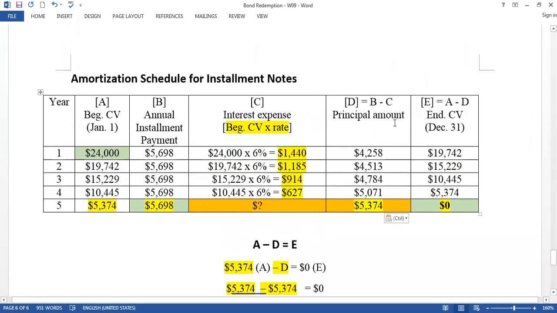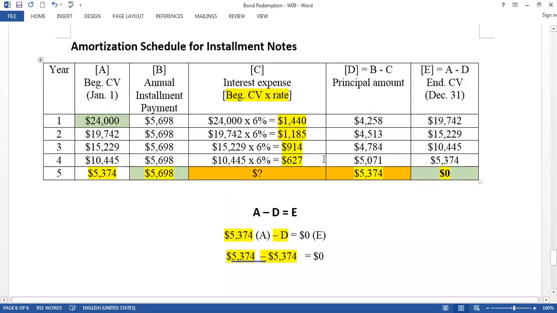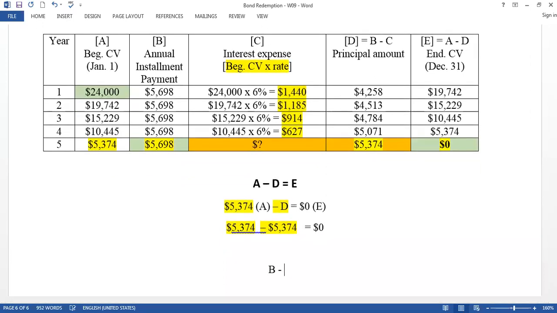Now, how to calculate C? What is the formula of C? B minus C equal D, right?